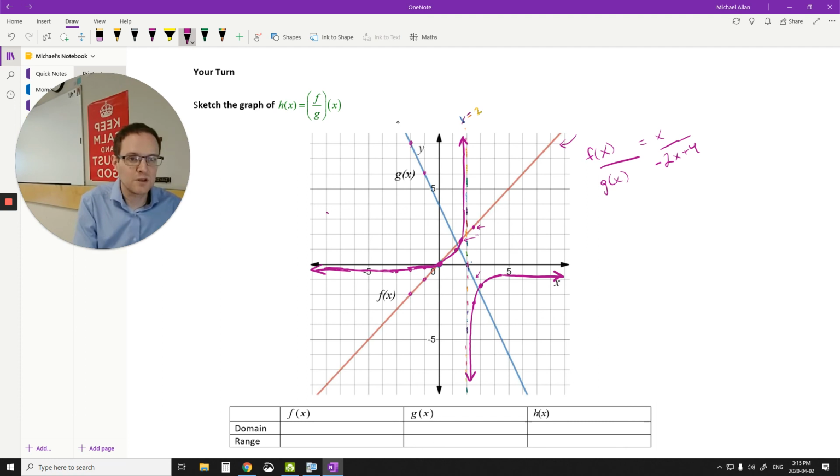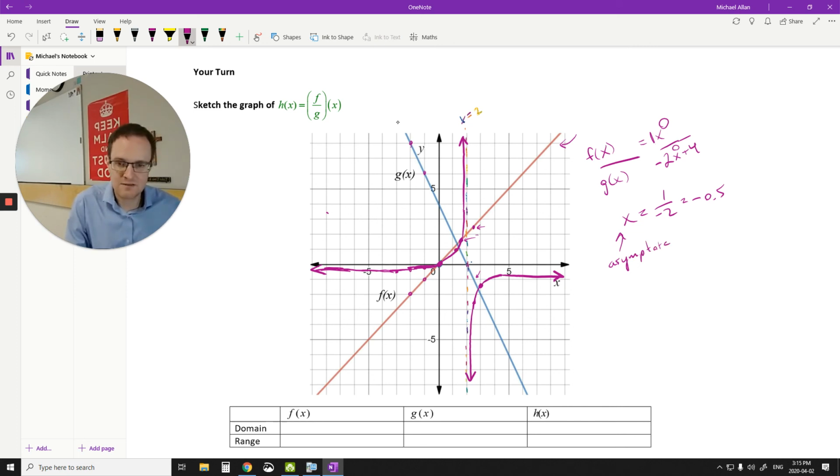So remember our rule that the degrees of both of these are the same. I divide the coefficients between them. If I divide 1 divided by -2, I get -0.5, and that's my horizontal asymptote. Okay, so I know I have a horizontal asymptote.